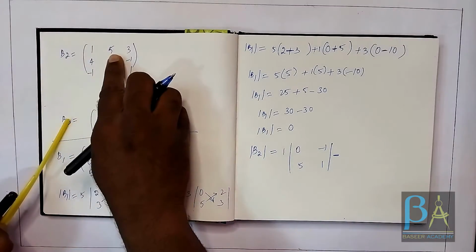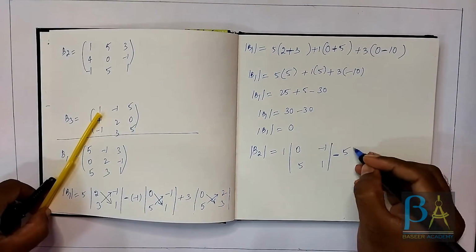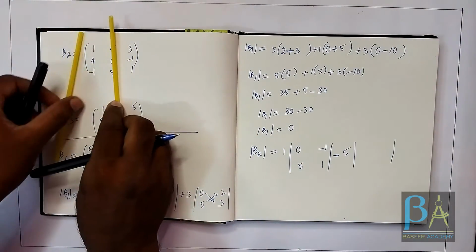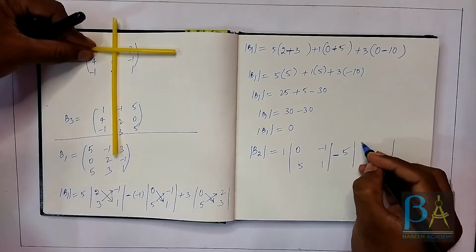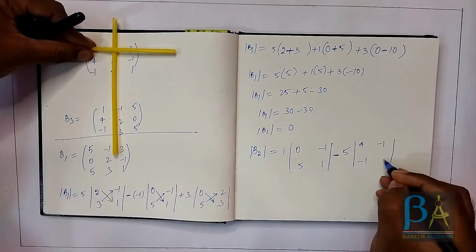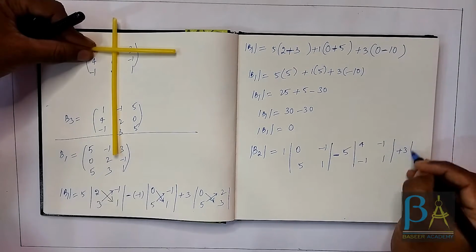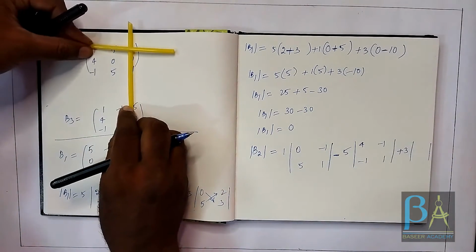Keep a minus sign and then target the next number here, 5. So when you target 5, you are left with 4, -1, -1, 1. And then let's target the last number here, 3.